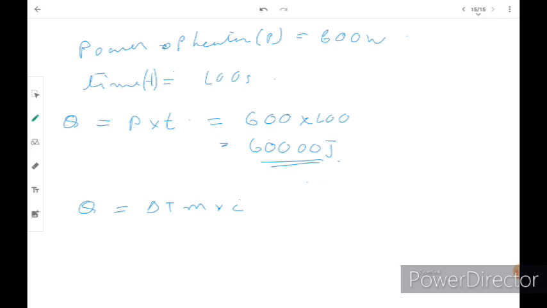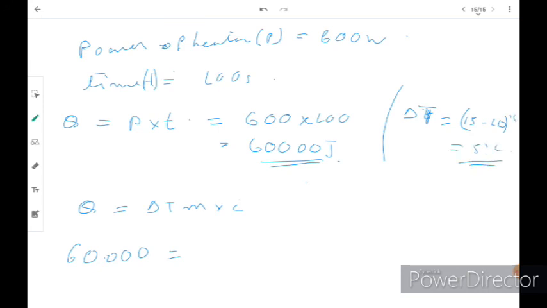So Q is 60,000, which is equal to change in temperature times mass times c. Here the change in temperature is 15 minus 10 degrees C, which is equal to 5 degrees C.